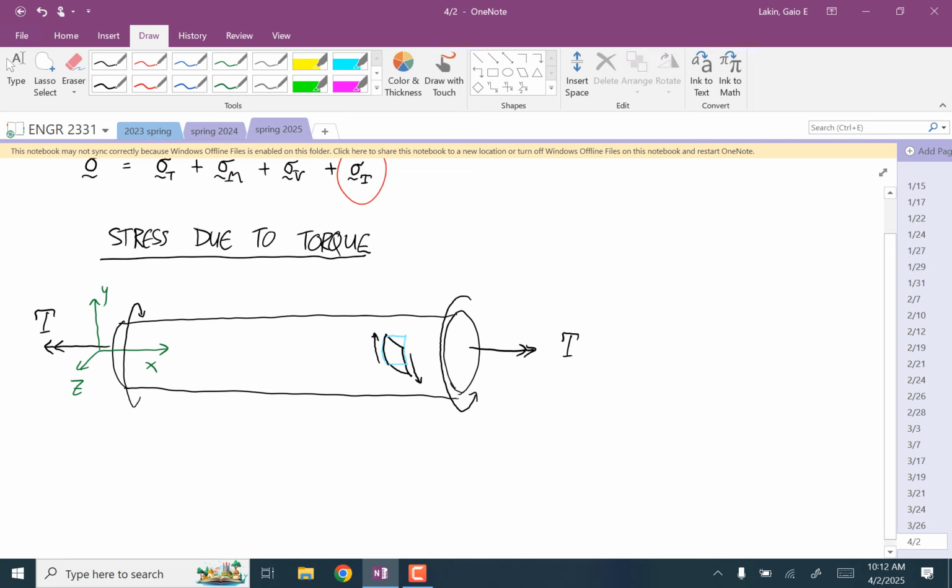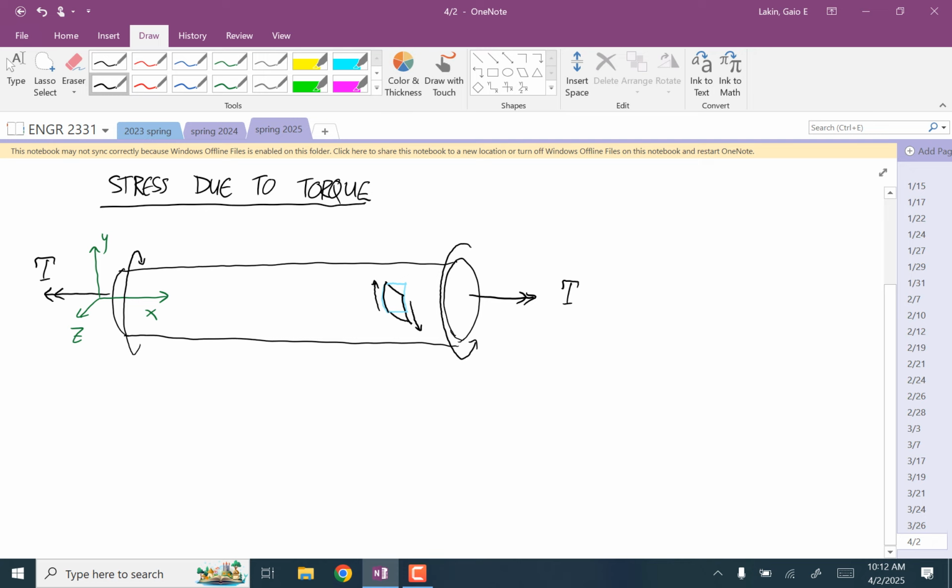And so what that tells us is, is this a positive or a negative internal torque? Just look at the two torques that I drew. Positive? Positive, that's right. So this is a positive torque, fancy T, and that leads to a negative XY shear stress.